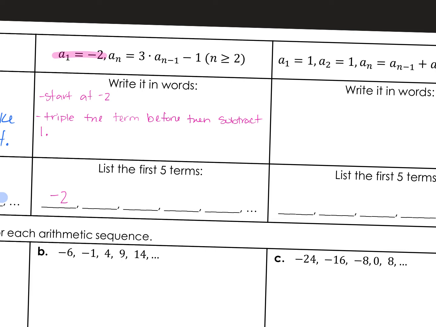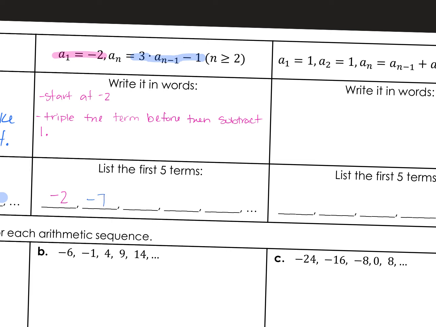So looking here, I want to triple the term that I start with, and then I want to subtract the 1. So the first term is -2. -2 times 3 is -6. I want to subtract 1, which would give me -7.